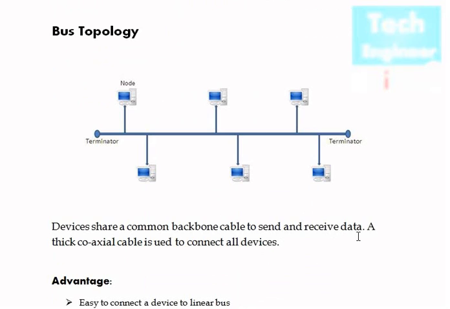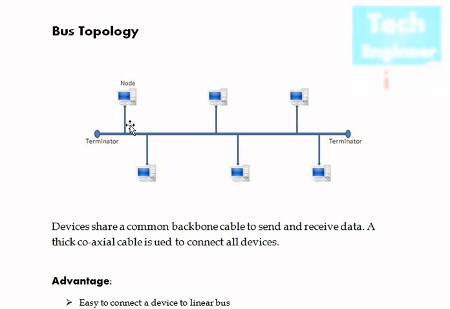So one thick coaxial cable is utilized for a bus topology, and the bus topology uses a daisy chain scheme to add more devices to the network. In this daisy chain scheme, device 1 is connected to 2, device 2 is connected to 3, and then the first and last are connected to a 50 ohm terminator.